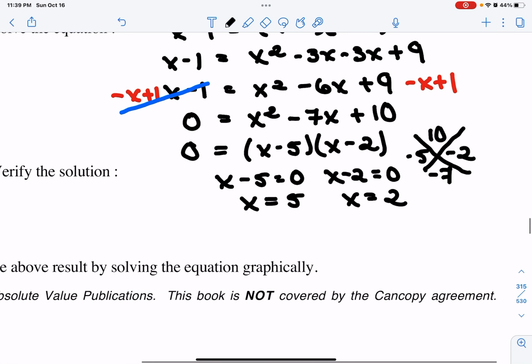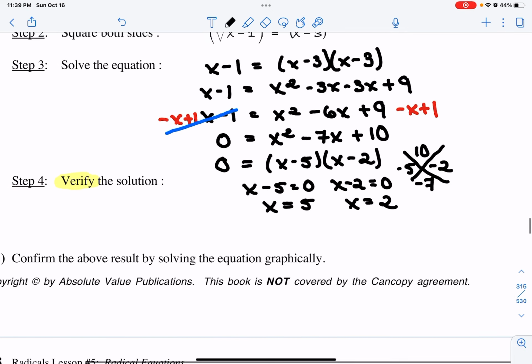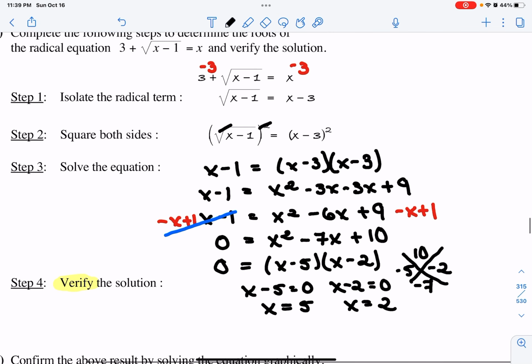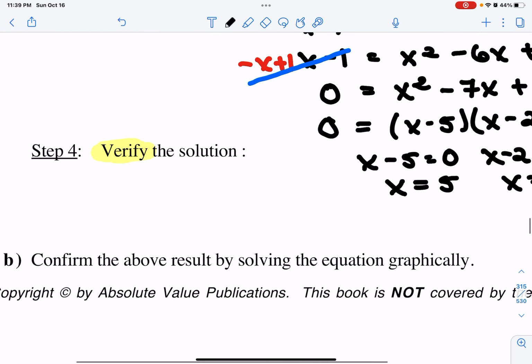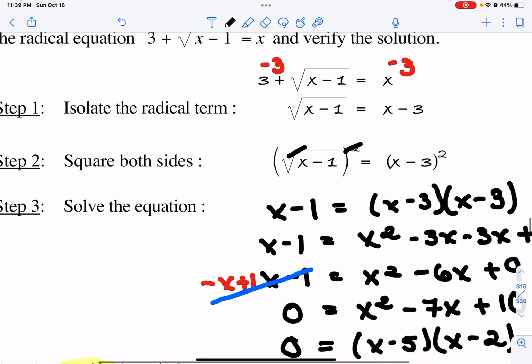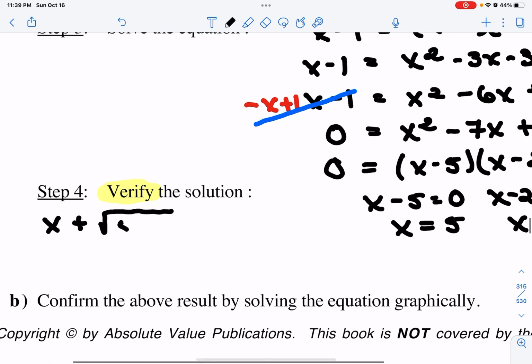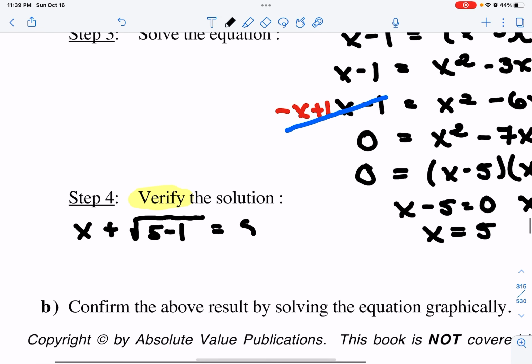Now, we have to verify the solutions. This very key word out front, verify the solutions, meaning I have to go to my original equation, the original equation of 3 plus the square root of x minus 1 equals x, and see that this works for both numbers. So I'm going to start with 5. Let's confirm our function. 3 plus the square root of x minus 1, or 5 minus 1, is equal to, in this case on the other side, x, which was 5.